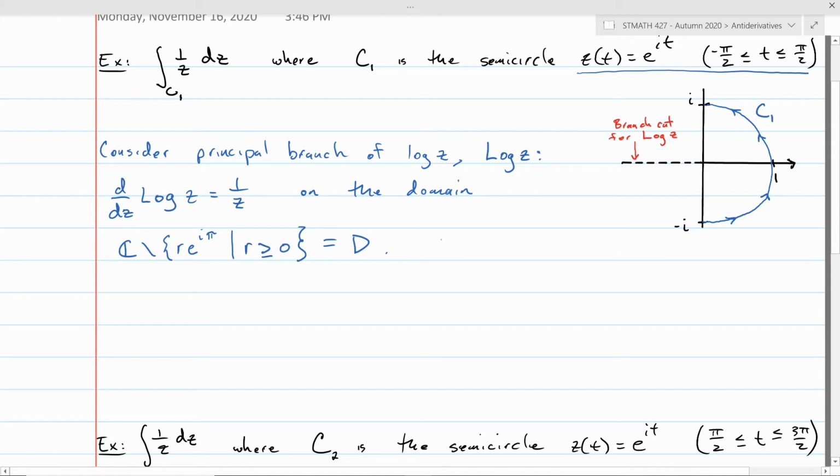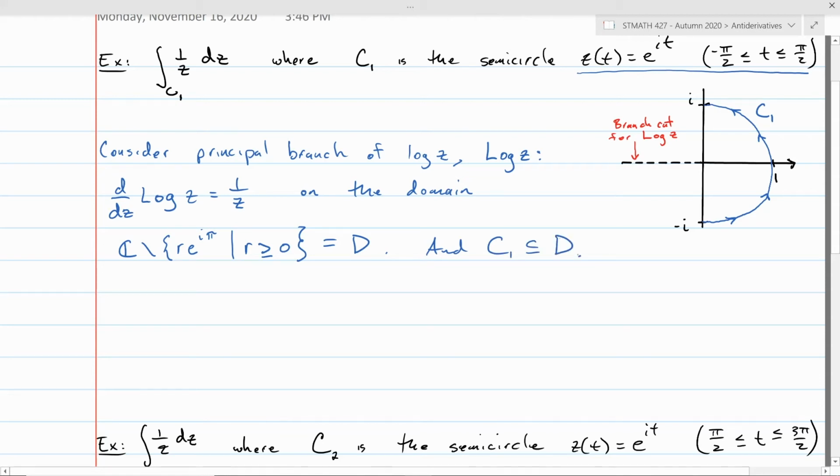You always take the angles strictly greater than negative pi, less than or equal to positive pi. So we have an antiderivative on this domain, and our curve C1 is contained in this domain of the principal logarithm.